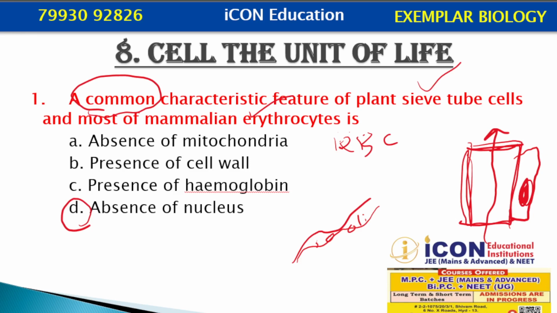Then you may get a doubt: if mitochondria are removed from the mature RBC, where do they get energy from? So the mature RBC gets energy by anaerobic respiration. Is it clear? So this is the other explanation why the mature plant sieve tube cell and mature RBC lose the nucleus. Is it clear, students?